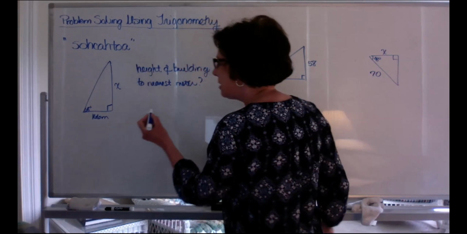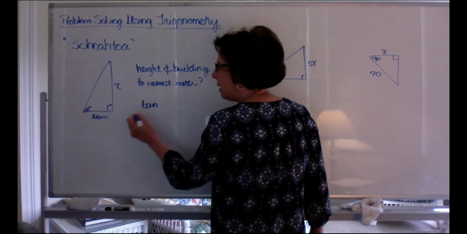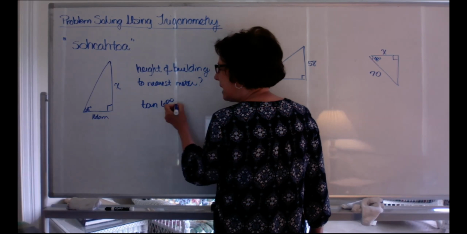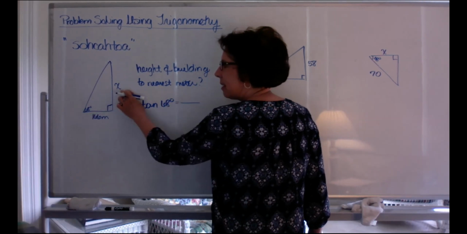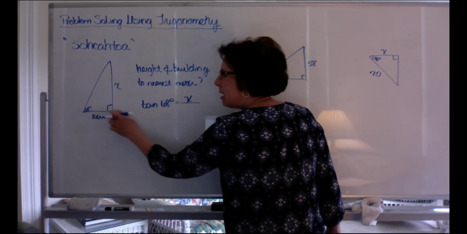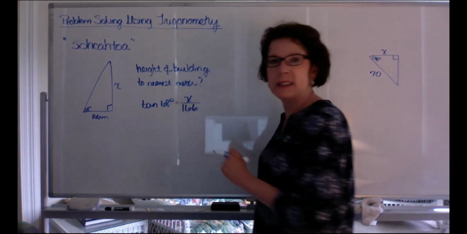Now look what my equation is going to be. The tangent of my angle, so the tangent of 68 degrees, is going to equal the opposite leg length, which is x, divided by the adjacent leg length, which is 166.